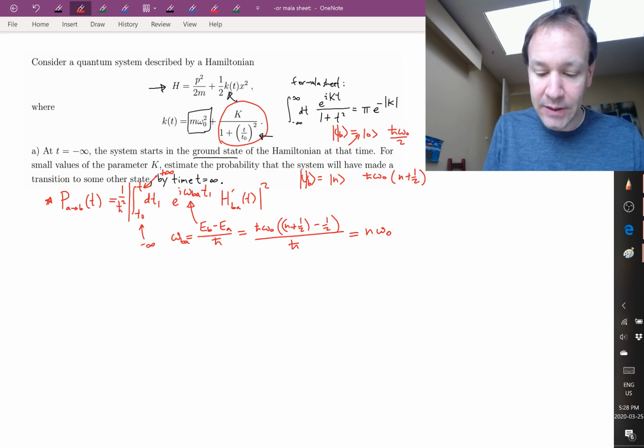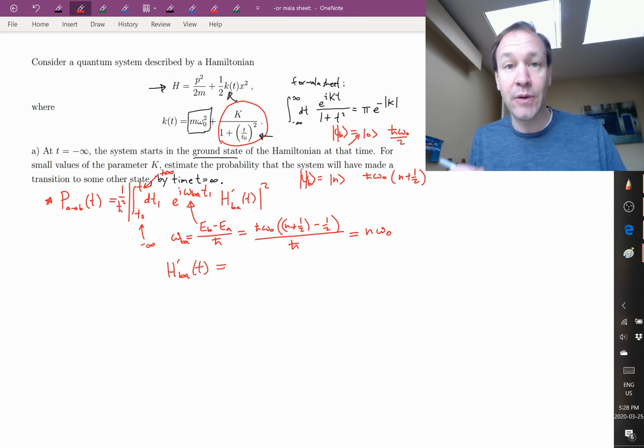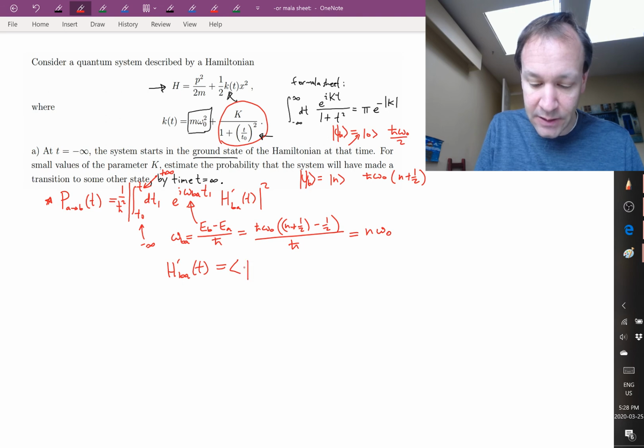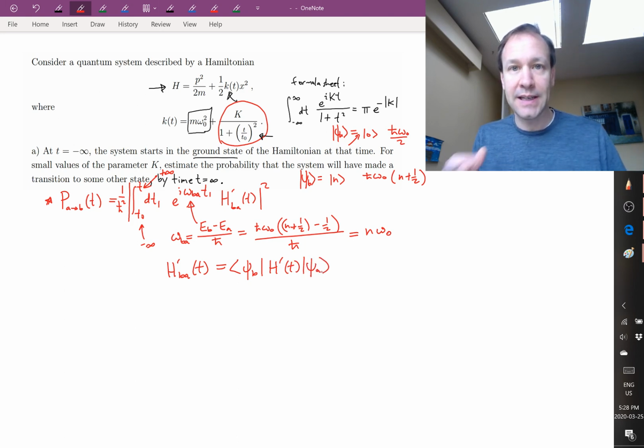And then finally, we need to understand what is h prime BA. So h prime BA of t is some function of time that we get by evaluating the matrix element of our perturbation between the initial state and the final state.